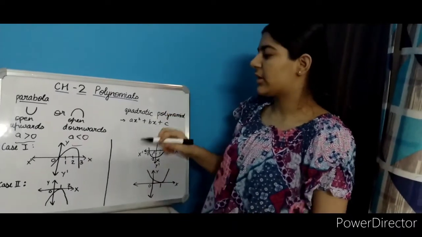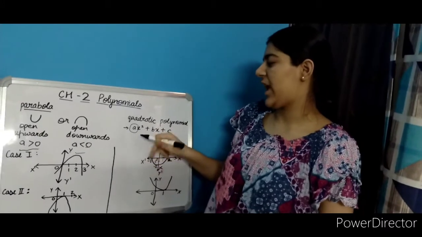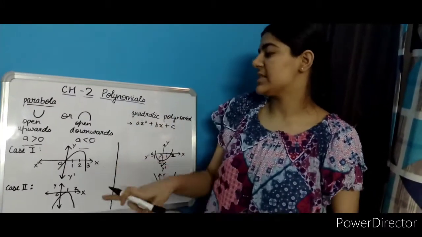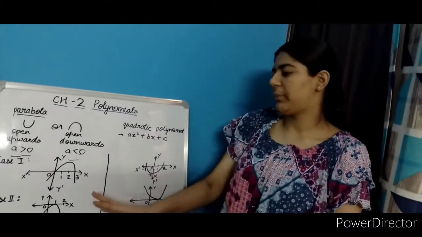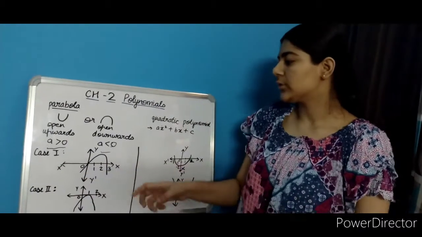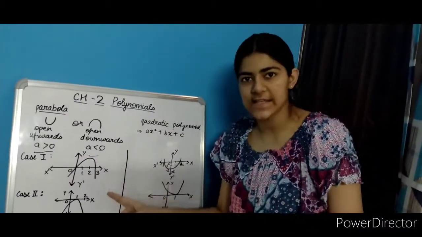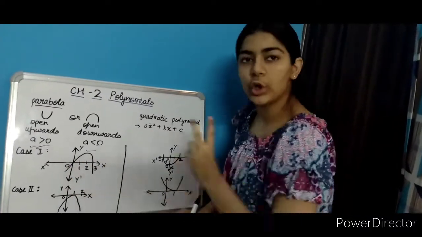So what is a? Here a is the constant with x square. So let's see some cases to understand the parabola. Let's see case 1. Here you can see that this parabola touches x-axis, the graph intersects x-axis at 2 points.